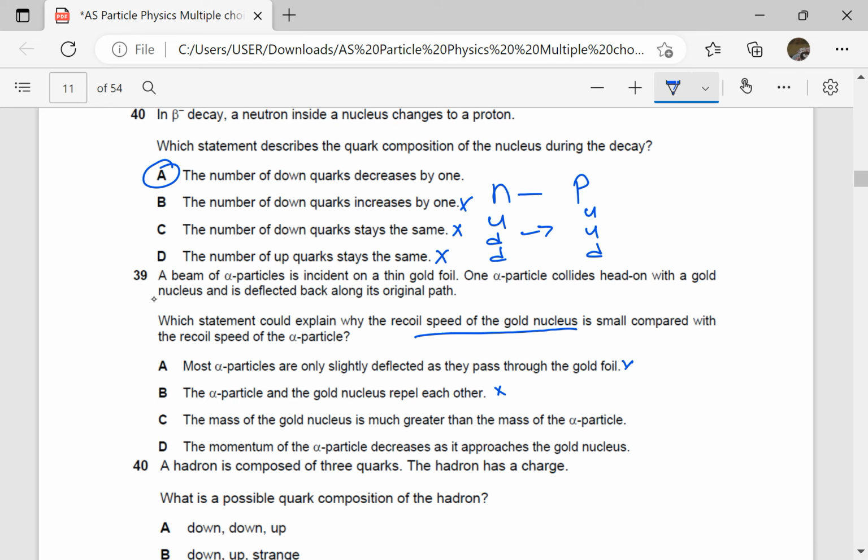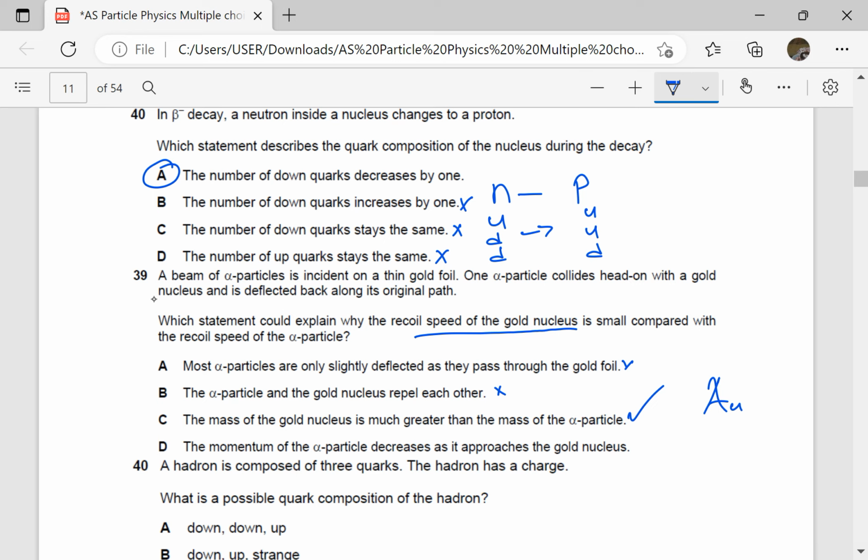The mass of the gold nucleus is much greater than the mass of the alpha particle. That is very true. If you're a chemistry student, gold is Au, and the proton number of gold is greater than that of an alpha particle. So the mass of the gold nucleus is much greater than the mass of the alpha particle.